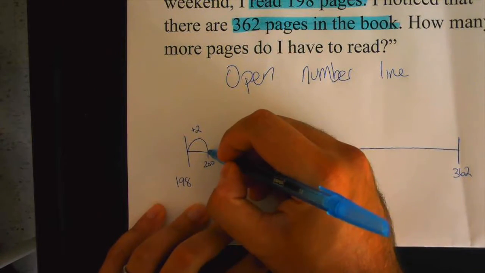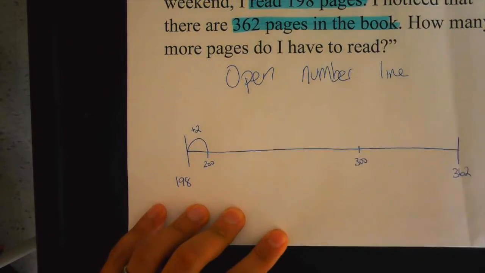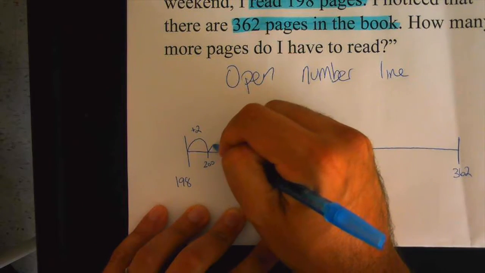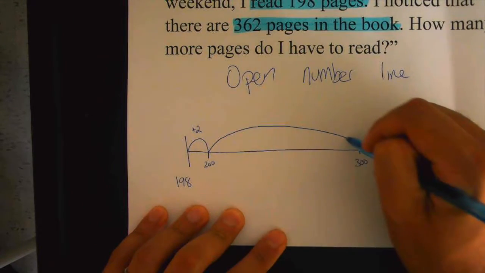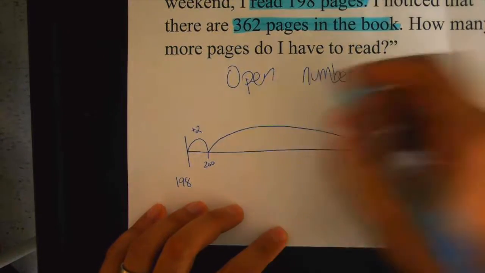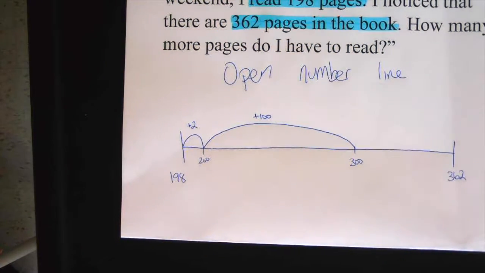So 300 will probably be around here. Not exact, I'm not 100% accurate, but I'm pretty close. But to go from 200 to 300, I need to add 100. So now I'm at page 300 and I have to get to 362.